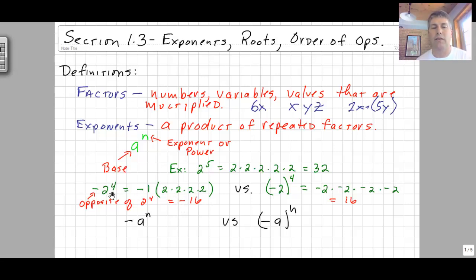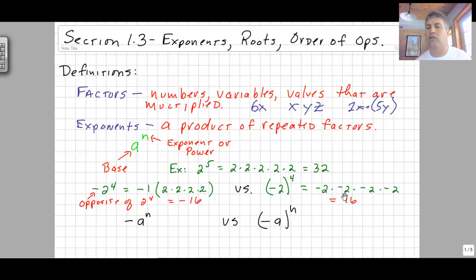So here on the left, we're only imposing the power on the 2, not on the negative sign. Whereas here on the right, now we are taking negative 2 4 times in a row. We're repeating negative 2. Negative 2 times negative 2 times negative 2 times negative 2. Or as I like to say, we're taking 4 negative signs and repeating, multiplying 2 4 times as well.